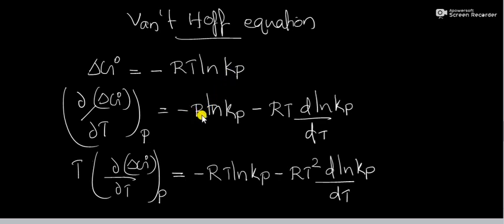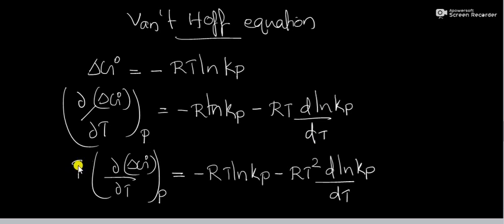So we can write minus R into ln Kp minus, here ln Kp is a constant. So on differentiating t with respect to t, we get 1. So the first term is R ln Kp. The second term, here t is a constant and we differentiate ln Kp, that is d by dt of ln Kp.